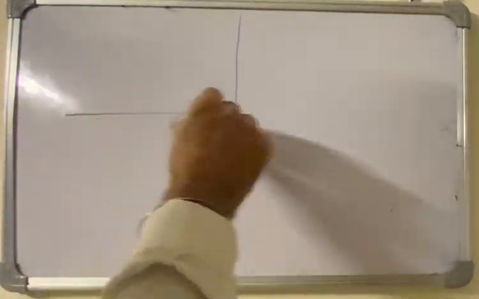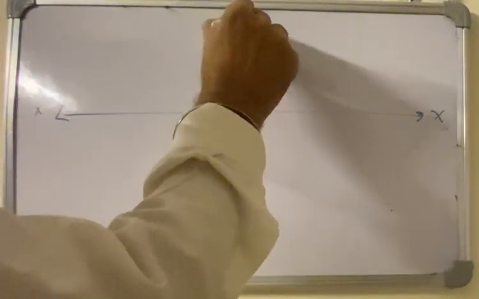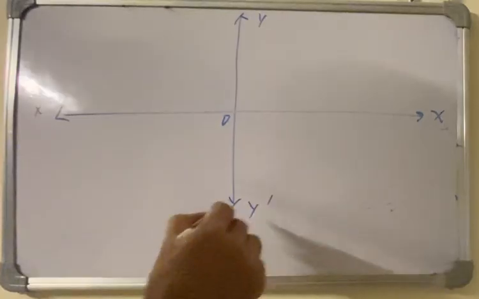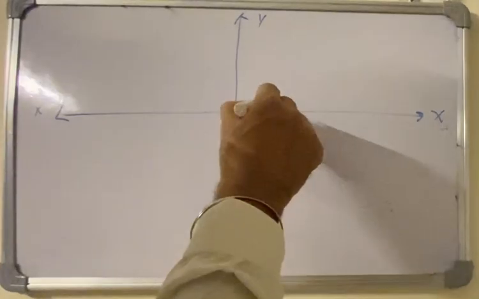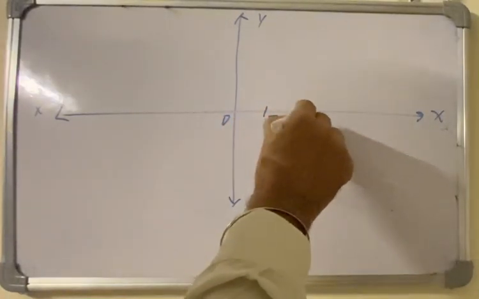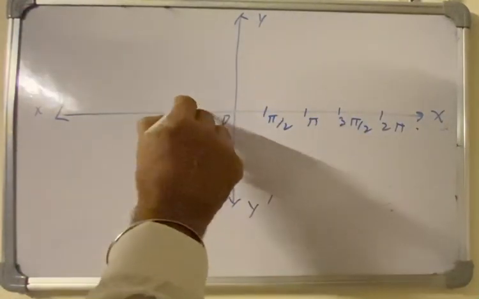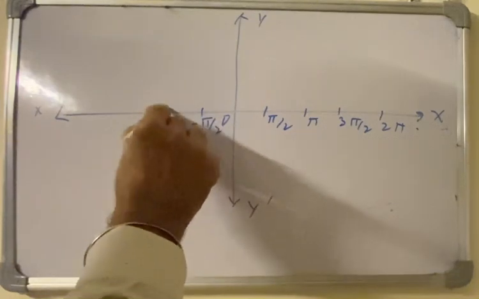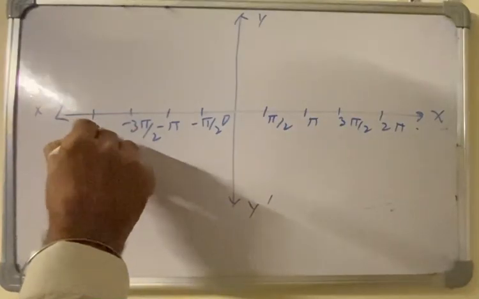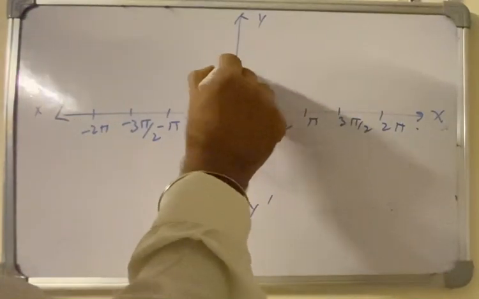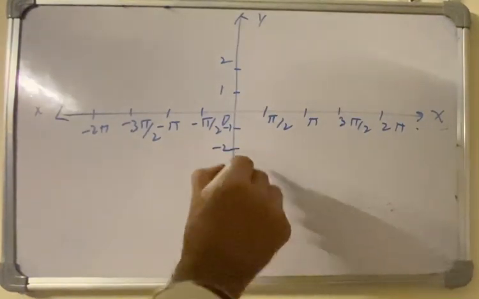Again, we have two mutually perpendicular lines, x x dash, y y dash, intersecting at origin O. This is pi by 2, pi, 3 pi by 2, 2 pi. Similarly, here is minus pi by 2, minus pi, minus 3 pi by 2, minus 2 pi. That is 1, 2, similarly minus 1, minus 2.